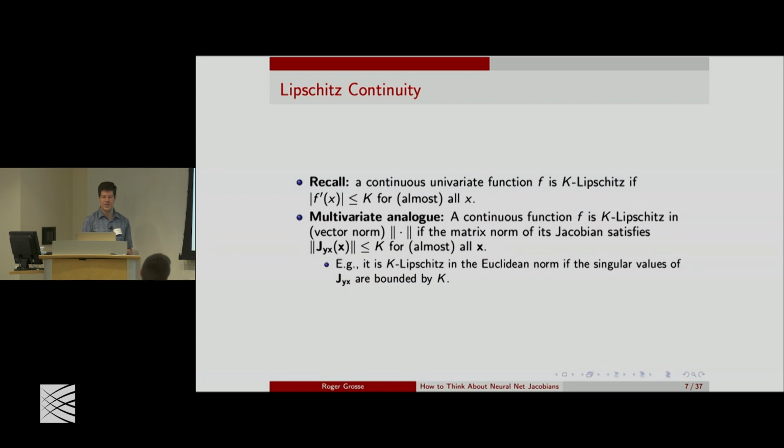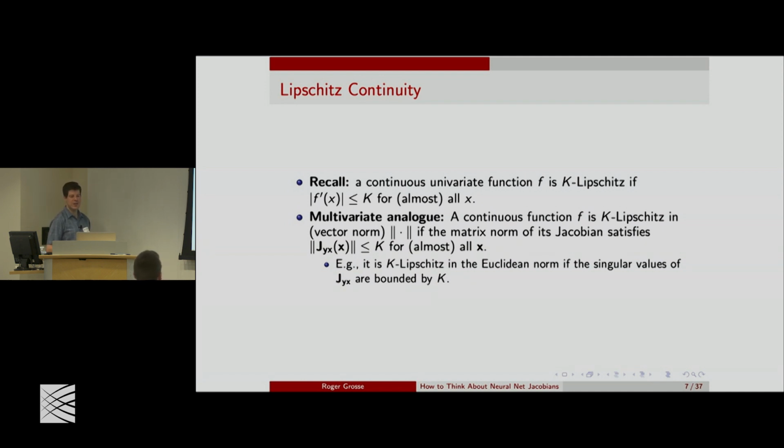Now we said that for a univariate function, the function is K-Lipschitz if and only if the slope is bounded by k at almost all values x. The multivariate analog of this is that a continuous function is K-Lipschitz in some vector norm if the corresponding matrix norm of the Jacobian is bounded by k for almost all x.